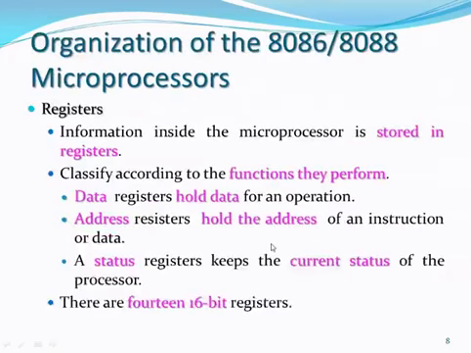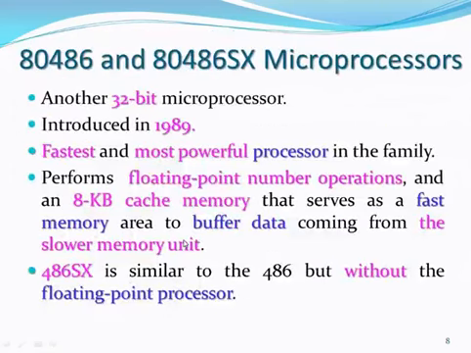Previous slide, sir. Sir, but without the floating point processor, what is the objective of floating point? Floating point means you cannot work with decimal point numbers. You can enjoy whatever features you have with the 80486.